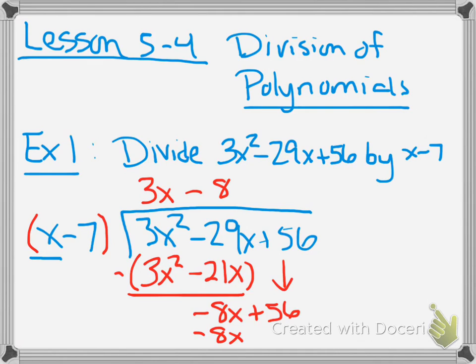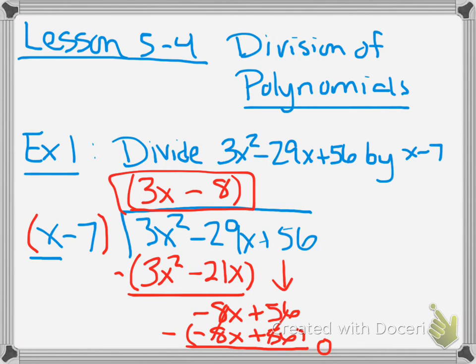Negative 8x, negative times negative becomes a plus 56. And again, we'll subtract these. Negative minus negative, those cross. 56 minus 56, we get a remainder of 0. So thus, the answer, the quotient, is 3x minus 8.